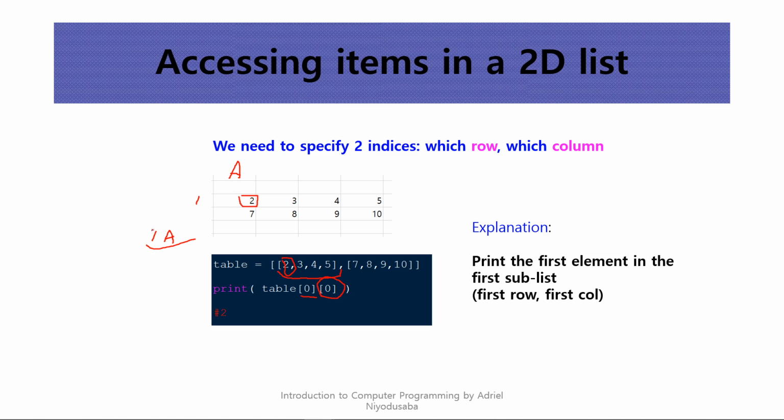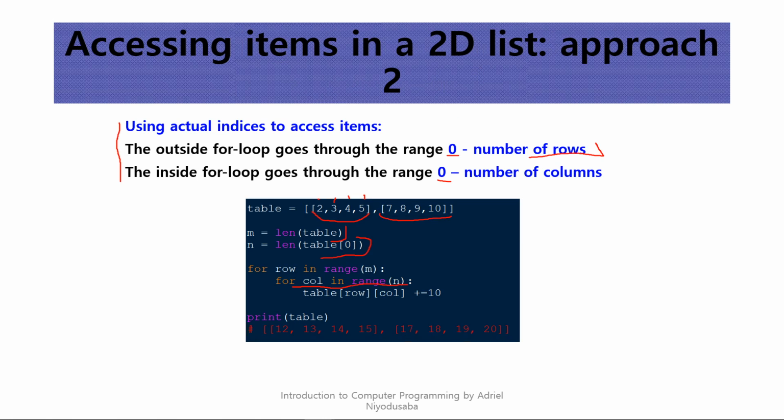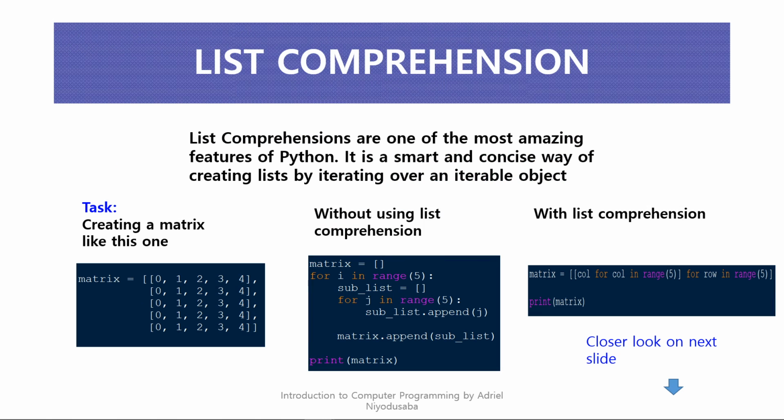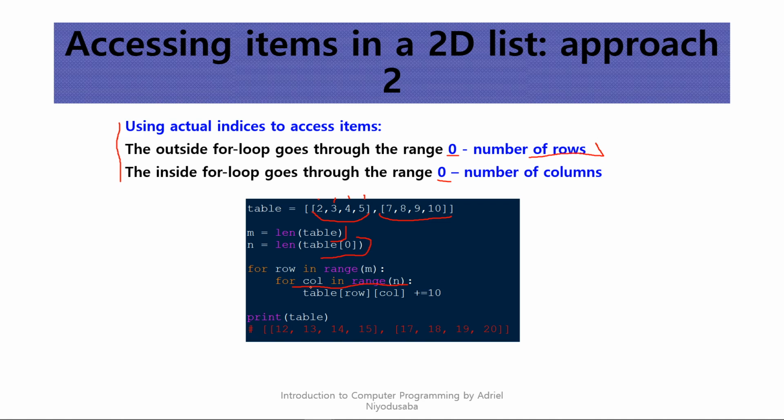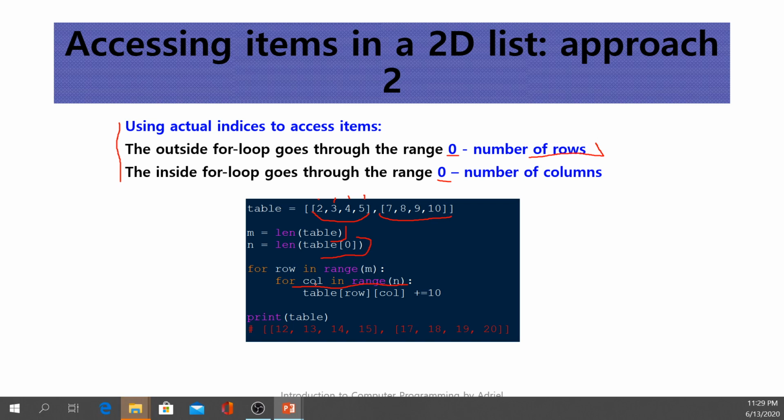If you have the information 1A, you will know, okay, I need to go to row 1, column A. Similarly, in our example, we use row and column. Row tells us which row number we need to be at, column tells us which column number we need to be at.